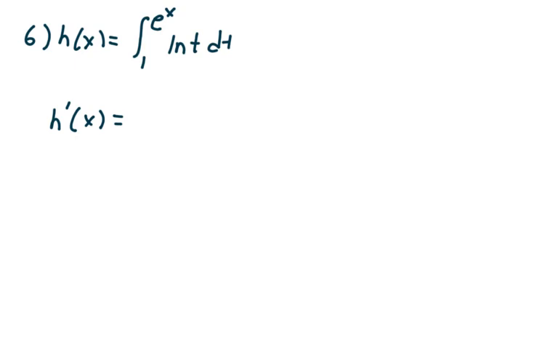So how do I do that? In the integrand natural log of t, I'm going to replace t with, instead of x, e to the x. But by the chain rule, I have to multiply by the derivative of e to the x with respect to x. In other words, I'm going to multiply by the derivative of that upper limit.